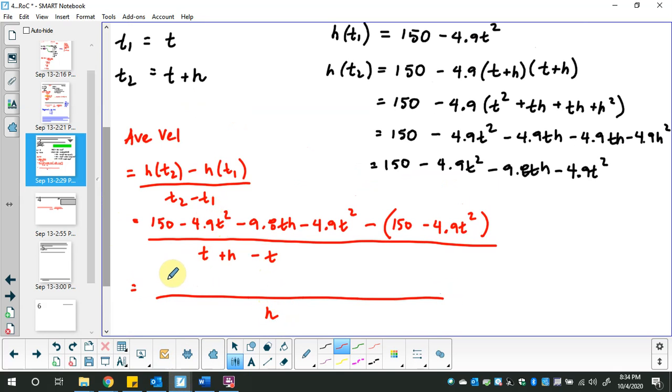H, 150 minus 4.9 t squared minus 9.8 TH minus 4.9 T. Oh, typo. Why didn't you yell at me earlier?